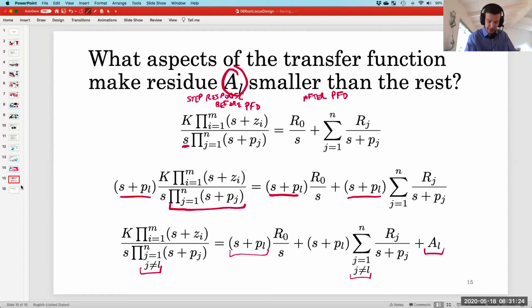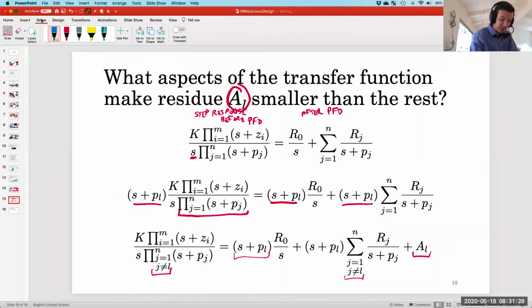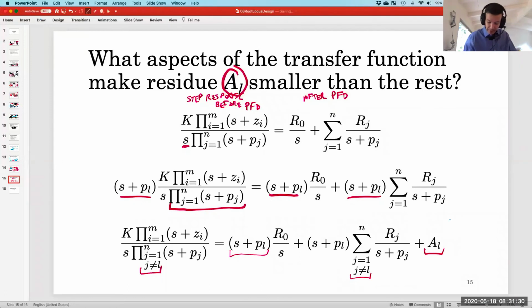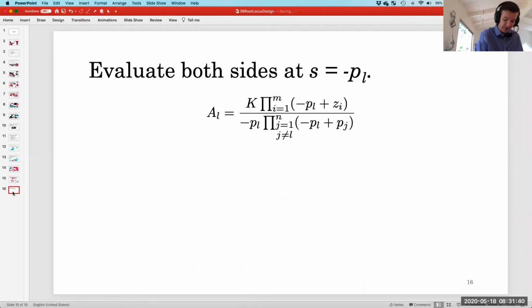I mean, the very next step is evaluate it at the pole location. So we do on both sides, evaluate this at S equals negative P sub L, and evaluate this at S equals negative P sub L. And that's exactly what we got on the next slide.